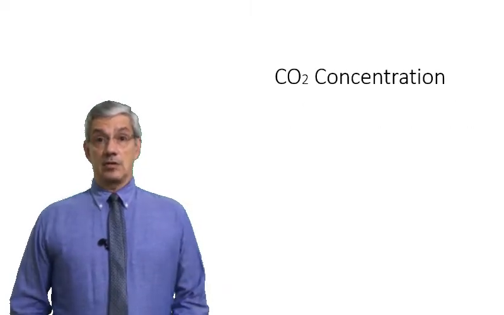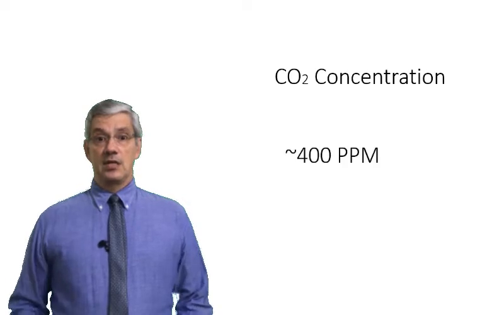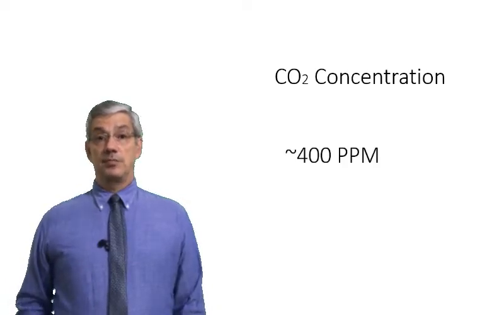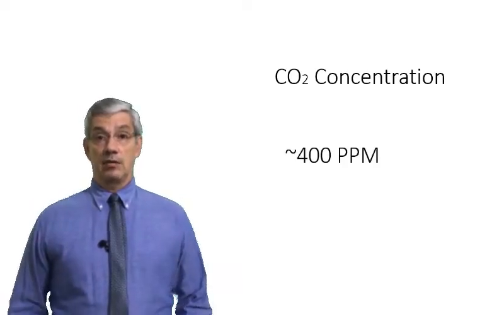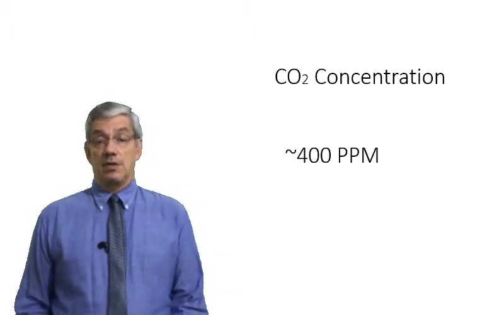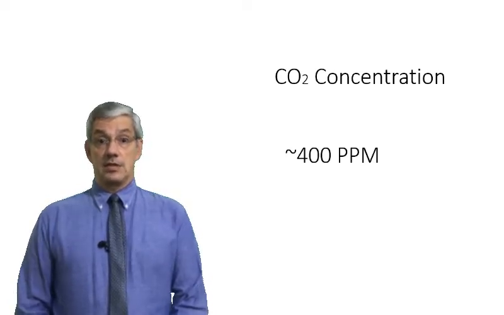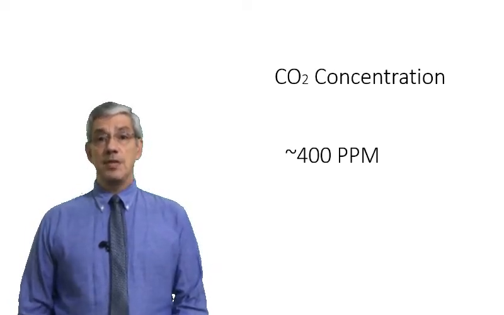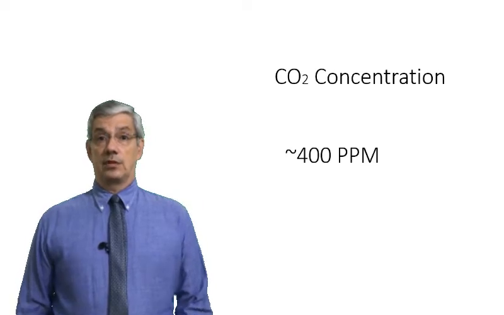Environmentalists say that carbon dioxide concentration in the atmosphere is around 400 ppm. Well, this seems simple. It seems that there is nothing strange or nothing to talk about. But yes, there is. What does ppm stand for?